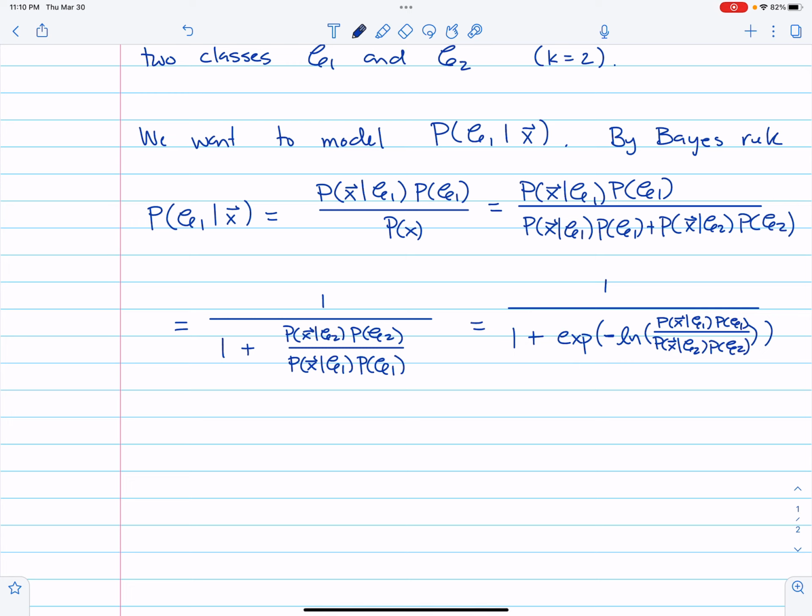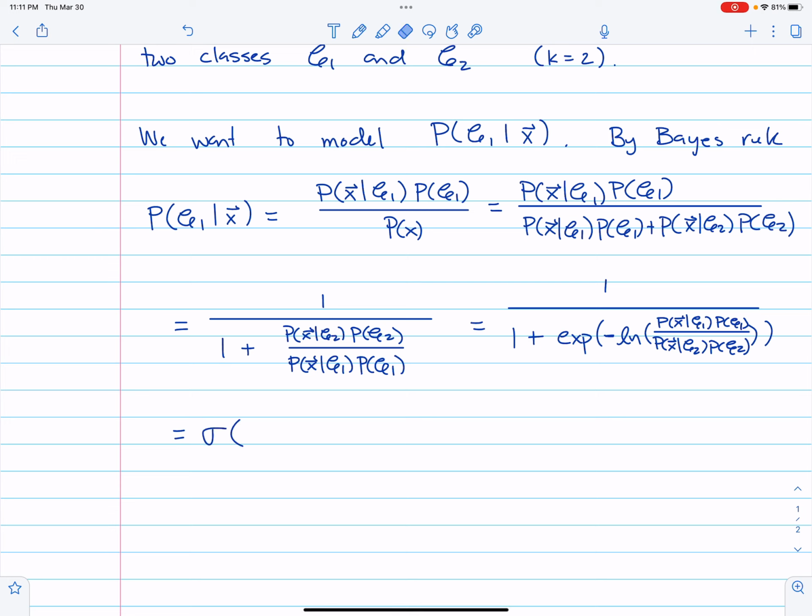Okay, so notice the negative here tells me that if I want to bring the negative inside, I can do that, but then I have to switch the order of the numerator and denominator. Then the exponentiation and logarithms would cancel, and I would be left with exactly what I have here. Okay. So I'm going to give this curious looking function a name. I'm going to call it sigma.